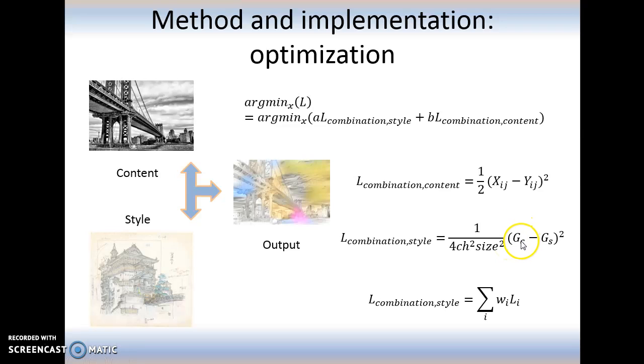After we get the Gram matrix of our output and the style, we take the difference between them and normalize it. Within this layer, we get the style loss. Since we have multiple layers, we have to sum them up with specific weights. But in the actual implementation, we treat each layer equally, so all the weights are set to 1.